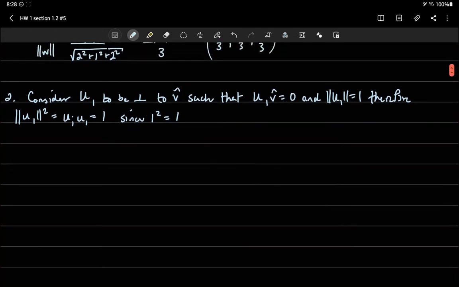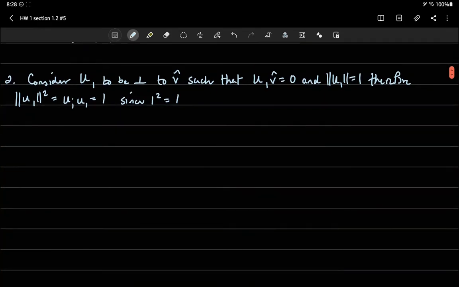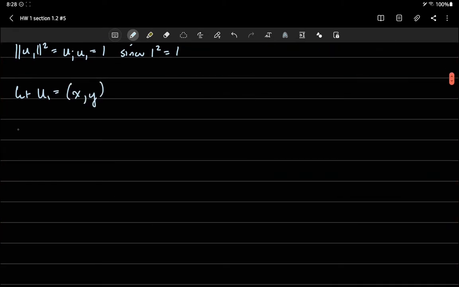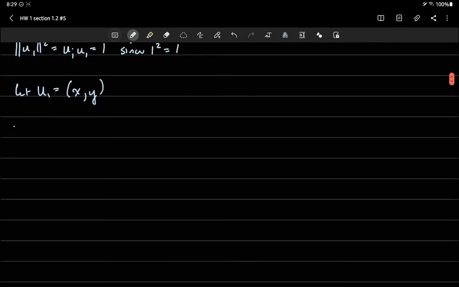And knowing that, we can get started with finding u1. So since we're multiplying u1 with v hat to confirm the dot product being 0, we have to let u1 be some vector with two components. So let's call them x and y, and let's try to solve now.